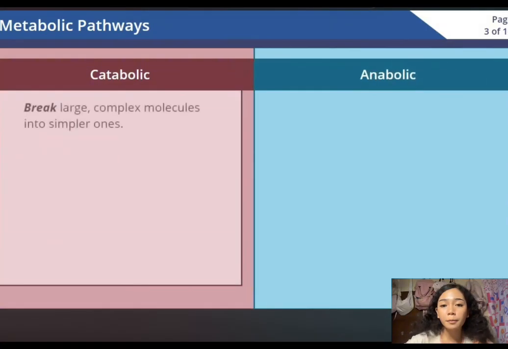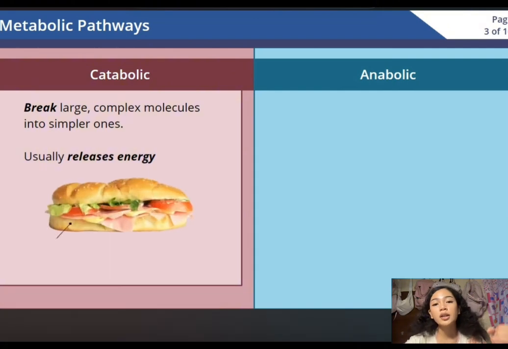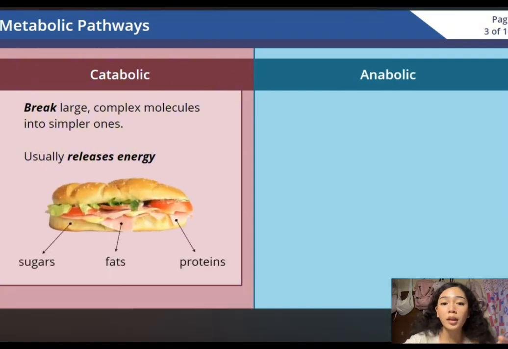It means that they break large complex molecules into simpler ones. This process usually releases energy. Digesting the turkey sandwich into usable sugars, fats, and proteins is a catabolic reaction.